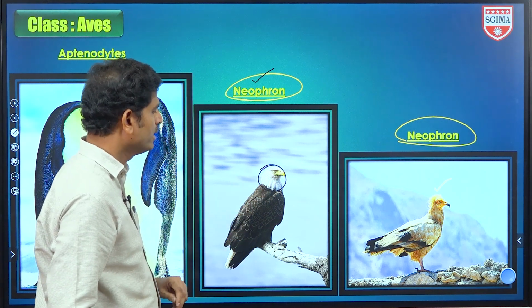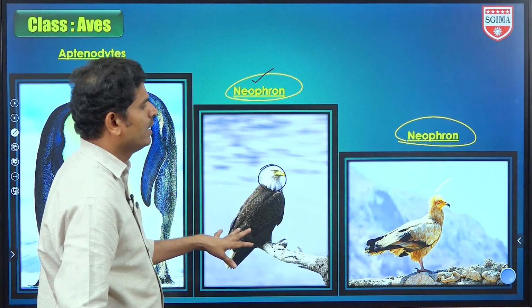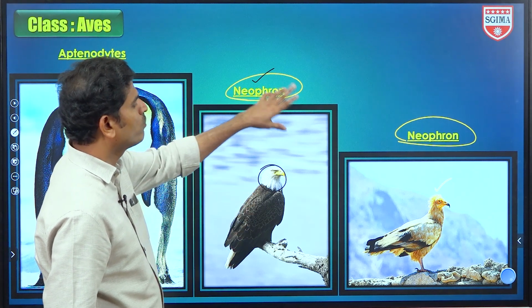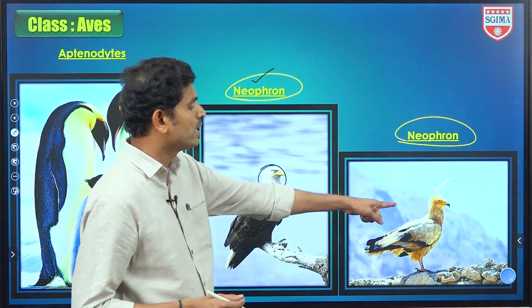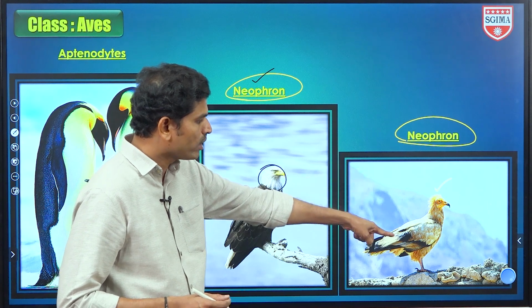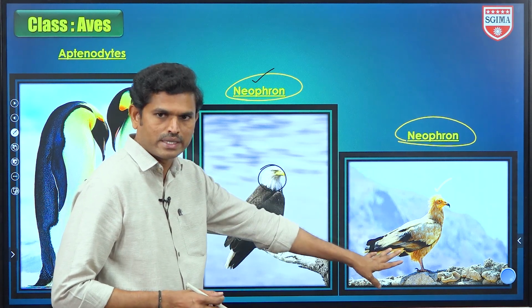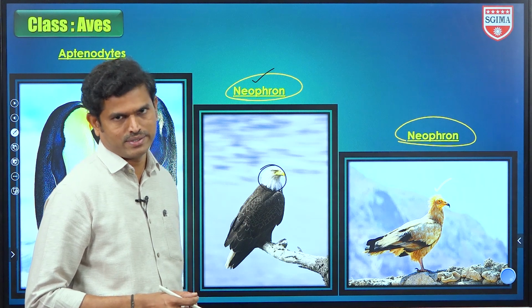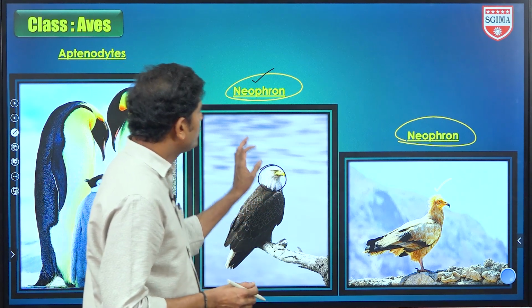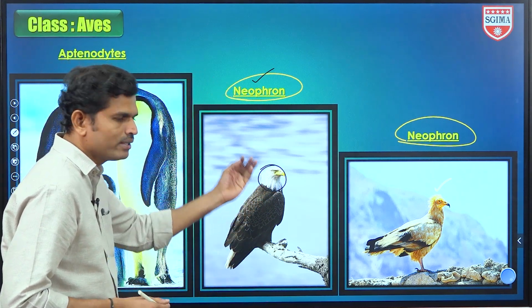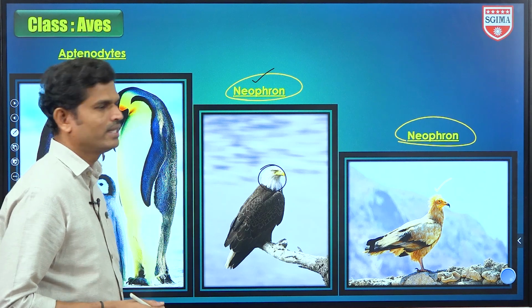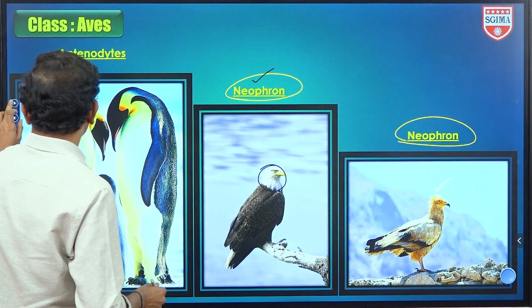White feathers will be there, and this is an eagle. But according to NCERT, they mention Neophron vulture. But this is originally Neophron, a vulture like eagle it is. It is in African countries. Okay, but according to NCERT, Neophron, vulture, this is the vulture. Okay, yes. Next slide.